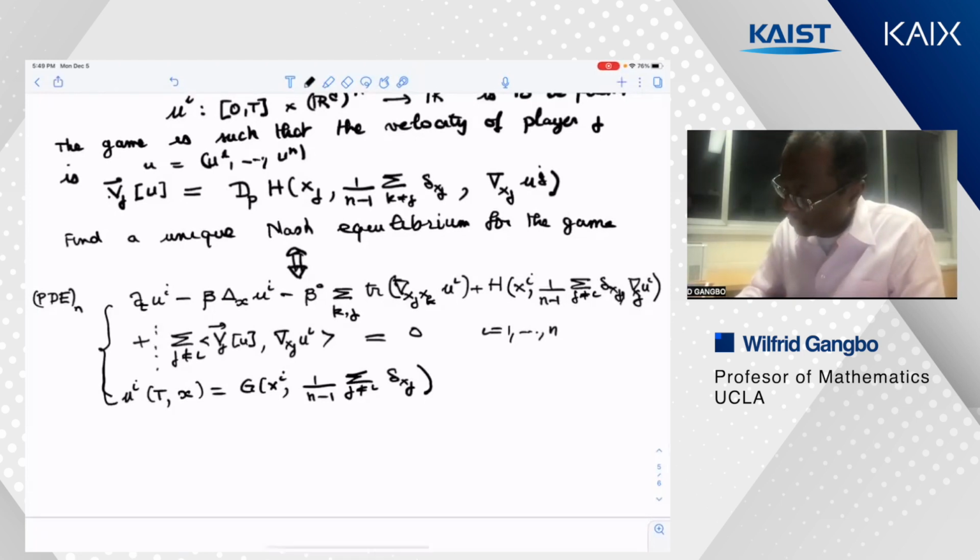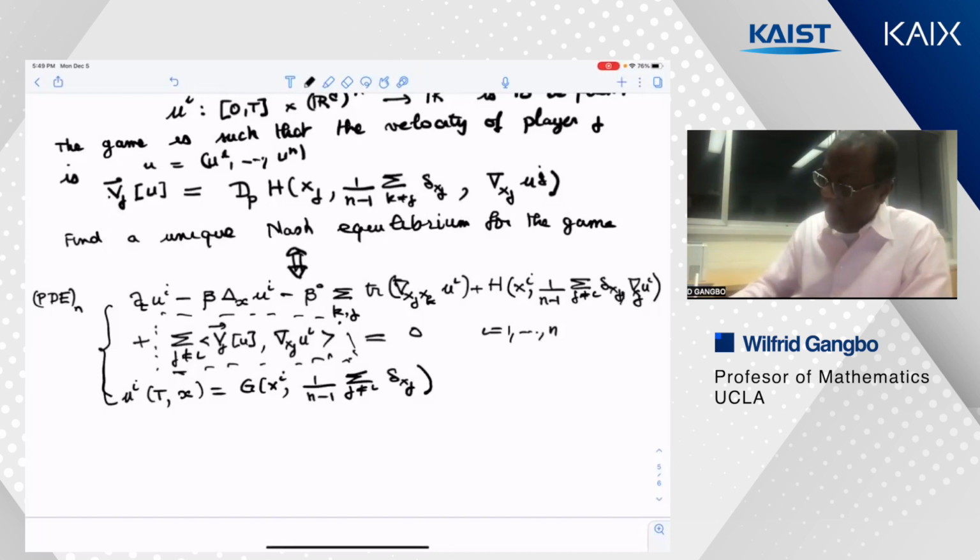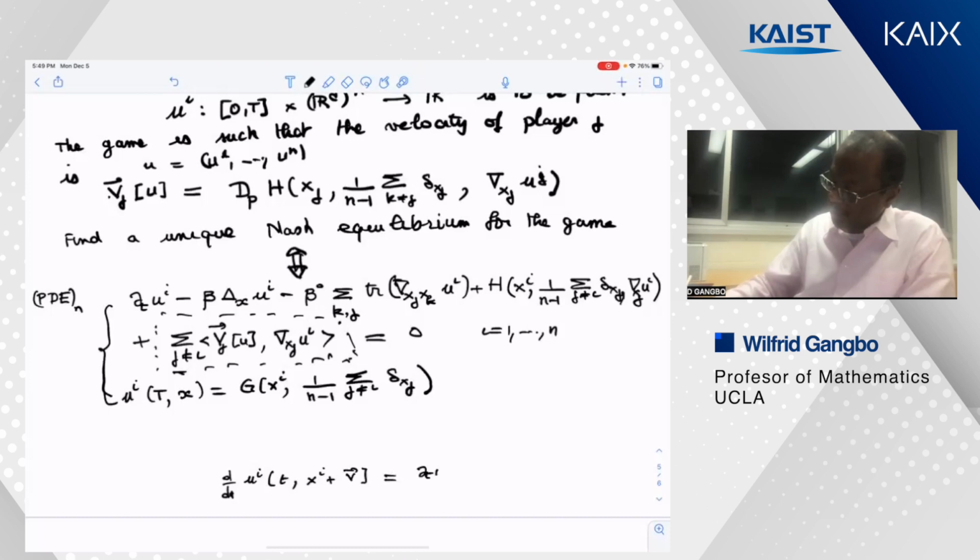So this term, which looks at first strange, is obtained from the following. If you differentiate u_i(t, x_i) plus the velocity, you get ∂_t u_i plus some mixed term, the sum over j.